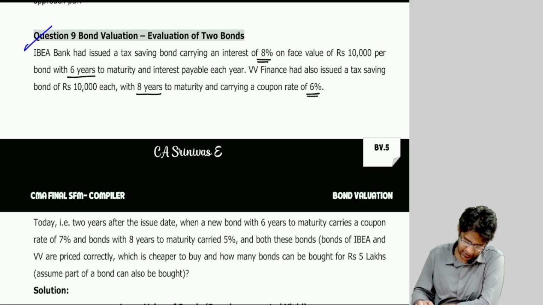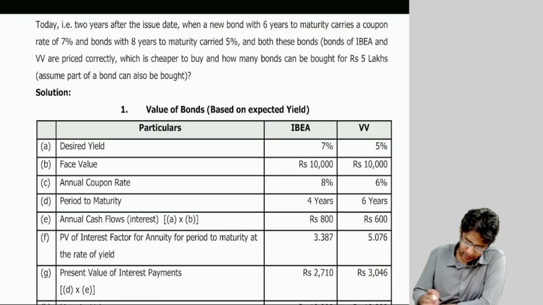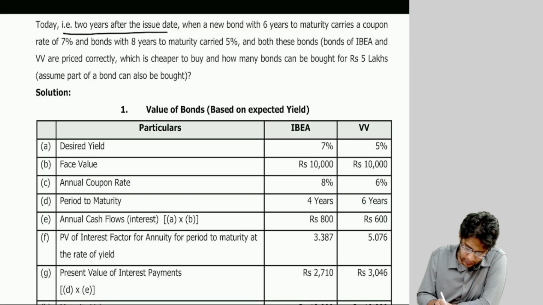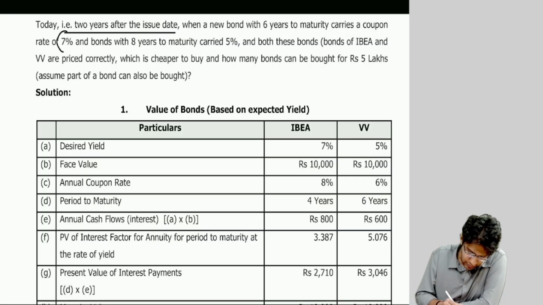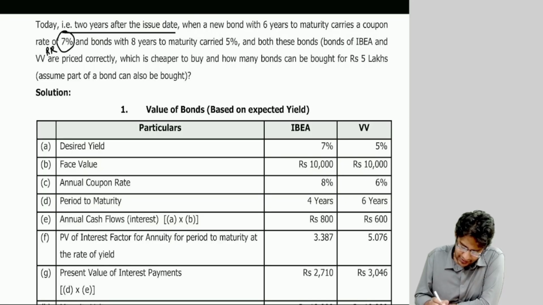Face value alone is same. Today, that is after 2 years from the issue date, when a new bond with 6 years to maturity carries a coupon rate of 7%, this is your required return today. And a bond with 8 years maturity carries a coupon rate of 5%, that is the required return today for the second bond. And both these bonds are priced correctly.